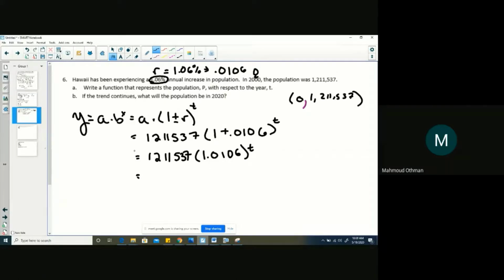Now I need to enter the part for part B. If the trend continues, what will the population be in the year 2020?